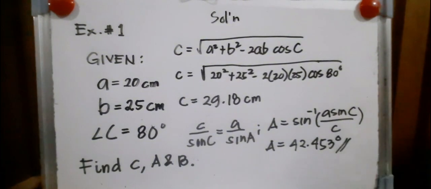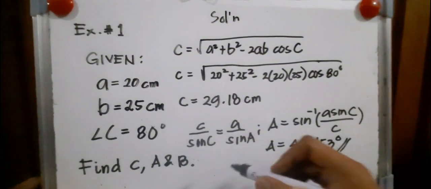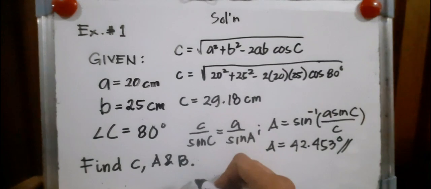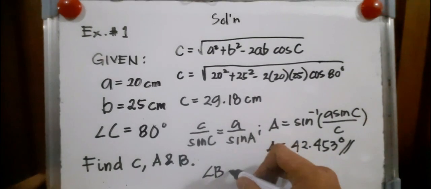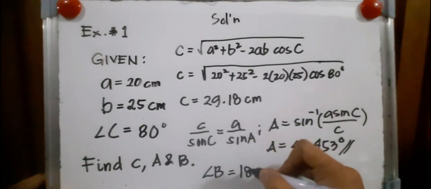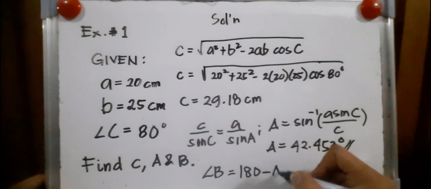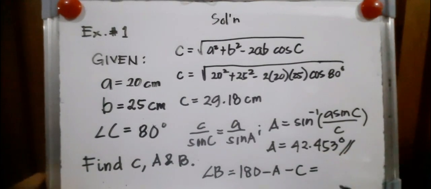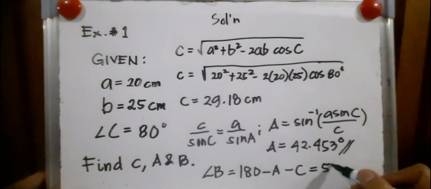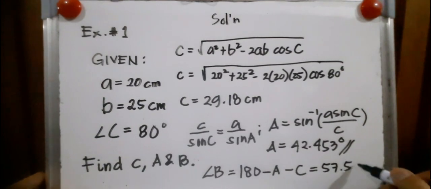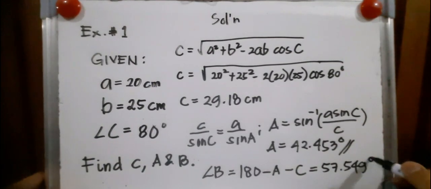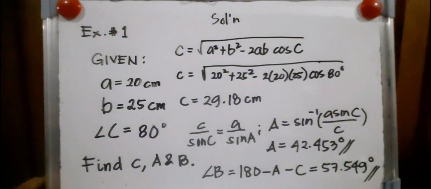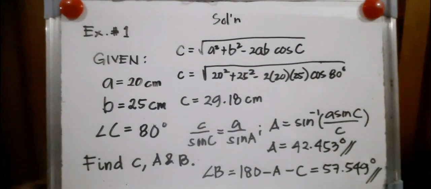That is our angle A. Okay, now solving for angle B, we have 180 minus A minus C, and that gives us 57.549 degrees. That is our angle B. I hope you can follow.